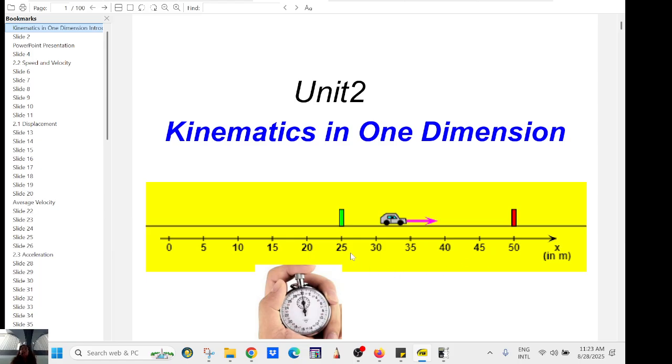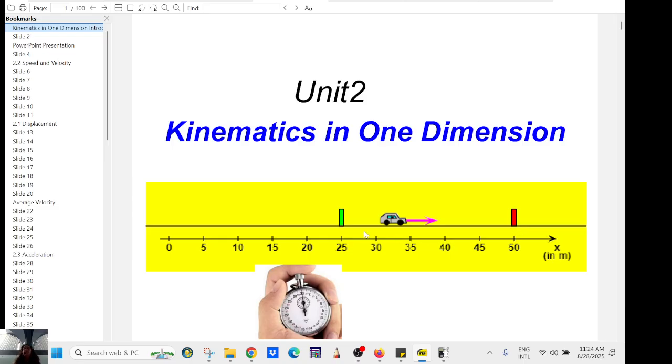The initial position will be defined as the position the object has when you start a stopwatch. So in your mind, you have to imagine a stopwatch. You start your stopwatch, initial position will be 25. You keep moving, you don't have to stop, but you can decide that you're going to stop the stopwatch, and that will be your final position.